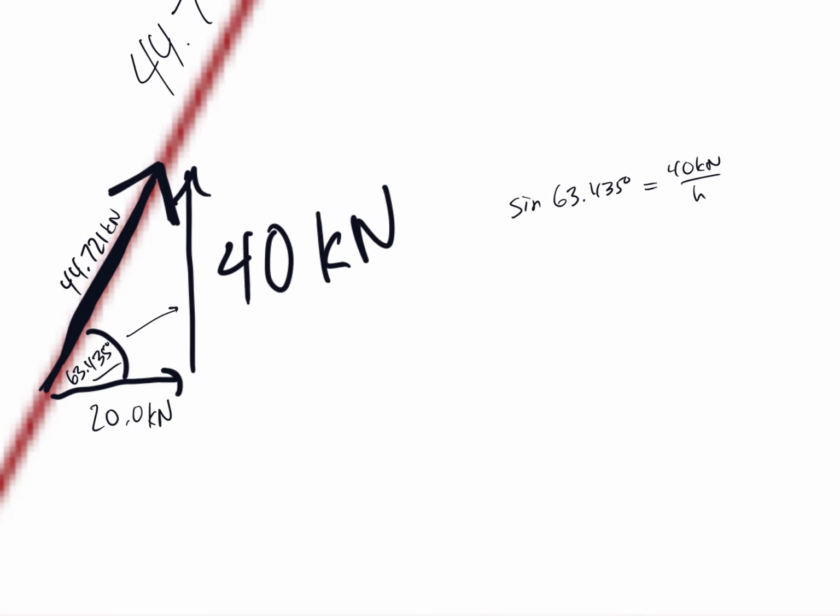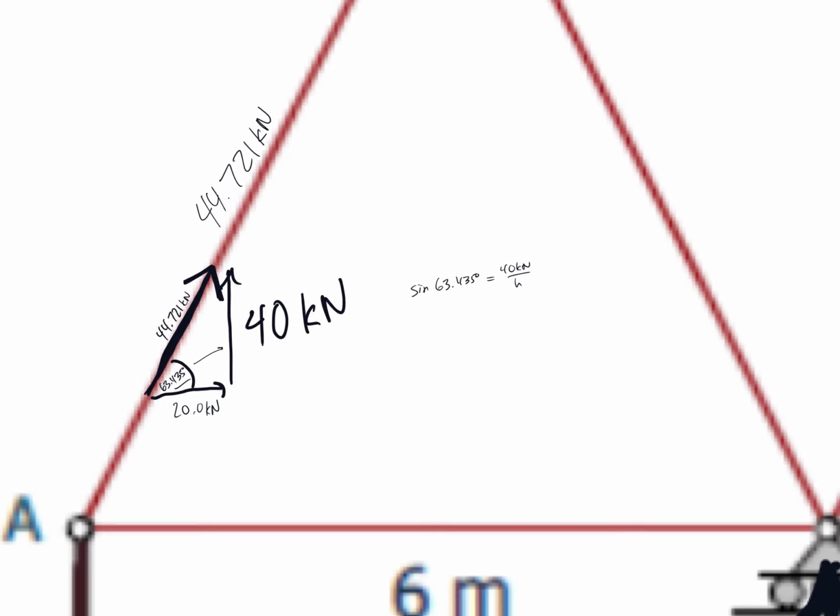Which of course we knew all along, didn't we? Because in this big triangle, this side is 6, this side is 3, so this side is twice as big as that side. So if this is a 40, this has to be a 20. Anyway, let's erase this business.